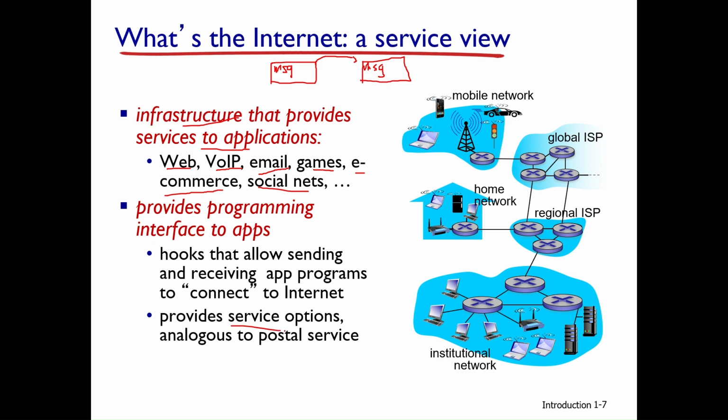It provides service options analogous to postal services. So email. What's an email? How does this network of networks work? You write an email which has a to address and a from address, right?